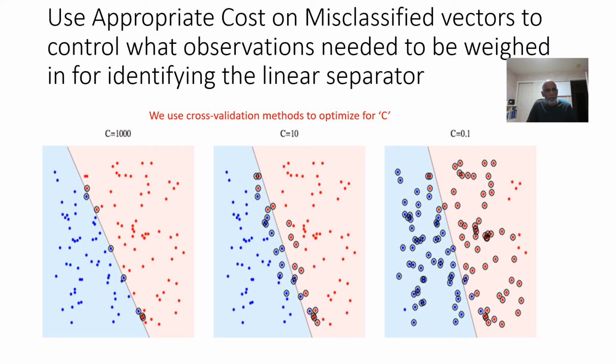Now, you may wonder what happens when these violations are happening. How is this cost connected to the linear separator? Here is an example. Here is a situation where this is a blue point, this is a red point, and a green and red point, and there is a blue point here very close, and there is a blue point here also that crossed. And there's only 1 point here.